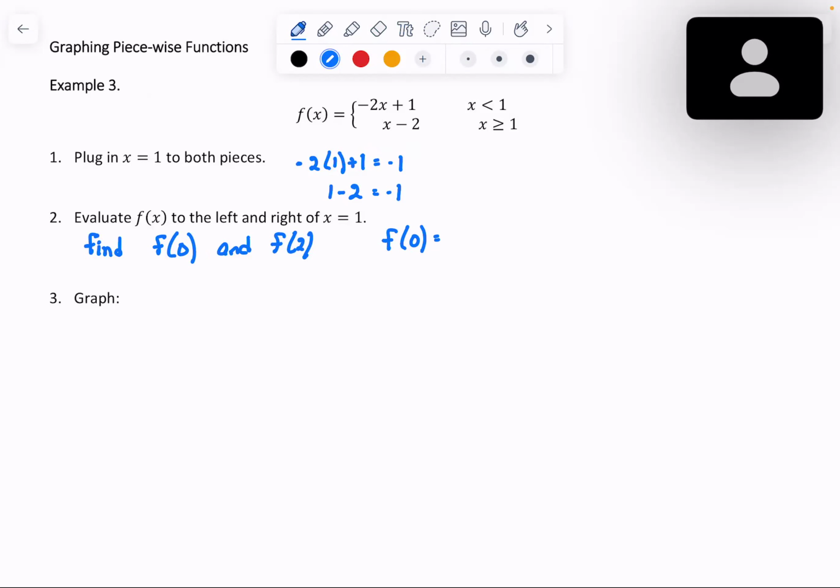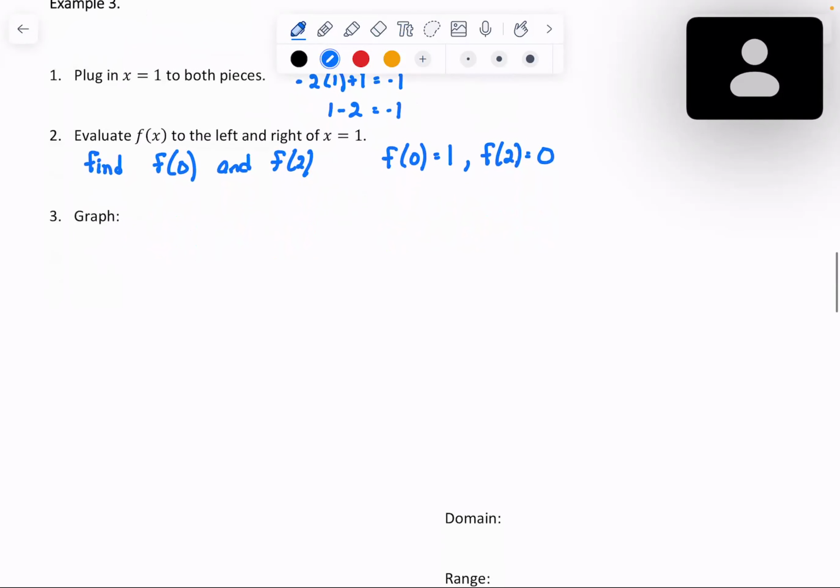Minus 2 times 0 is 0. 0 plus 1 is 1. So now I want to find what's f of 2. f of 2 in this case, if I look at that, it fits into the bottom piece, right? So f of 2 is what? 0. Yeah. So now I can actually graph this.